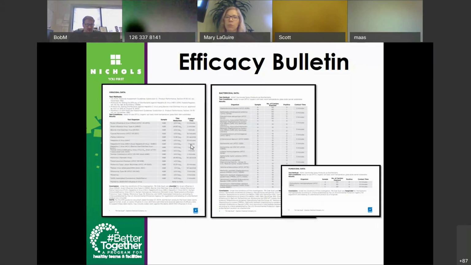So it's very important to look to that, because if you don't leave the disinfectant wet on the surface for that required contact time or dwell time, it will not kill the pathogen that you're trying to target. So you can see some common ones in here for viruses, norovirus, for bacteria, salmonella.